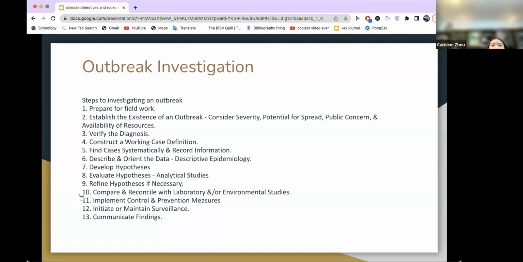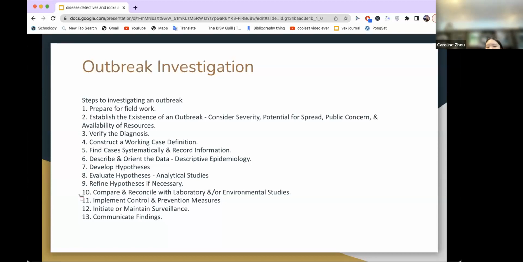Then after collecting the data, you have to describe and orient the data using descriptive epidemiology. Then you develop hypotheses about how the disease started and how it's spreading, and then evaluate this hypothesis with analytical studies.